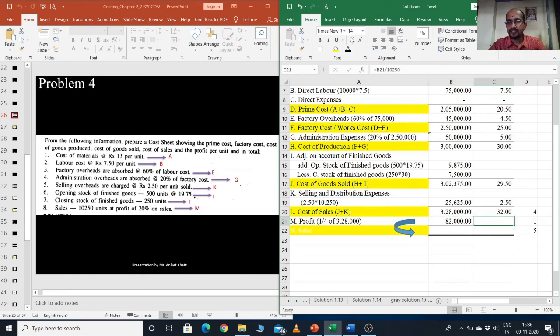Just calculate per unit profit. It is 8 rupees. You just have to divide by 10,250. Now finally, do the total. This is your per unit cost and the total sales amount. So how did you arrive at the sales amount? You just added L plus M.